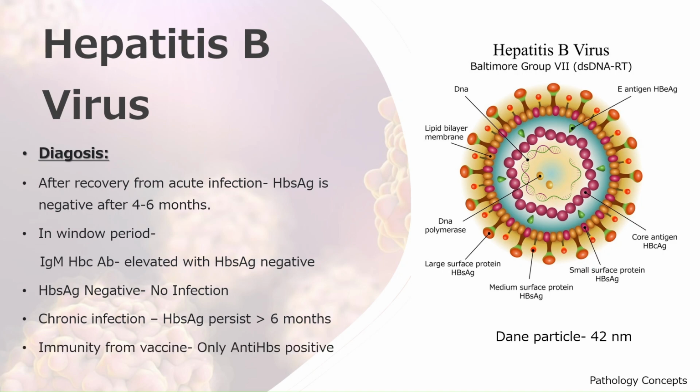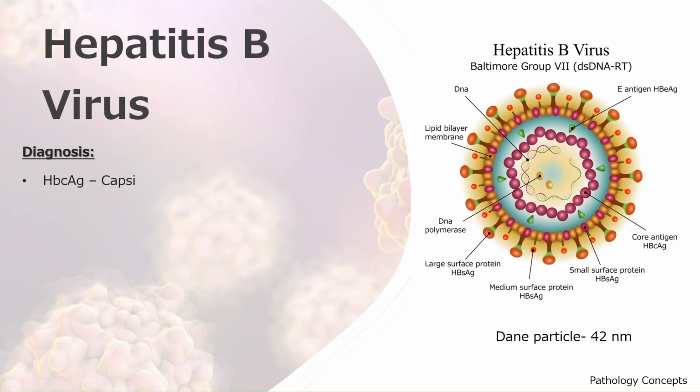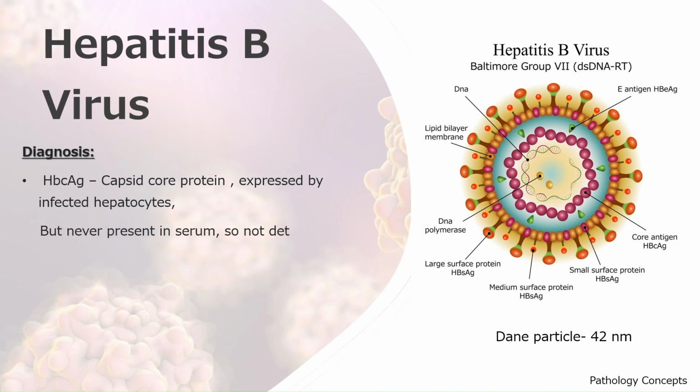If any person has taken a vaccine for hepatitis B virus, then only anti-HBs antibody is positive and all other antigens and antibodies are negative. The HBc antigen is a capsid core protein expressed by infected hepatocytes and it is never present in the serum, so it cannot be detected in the serum.